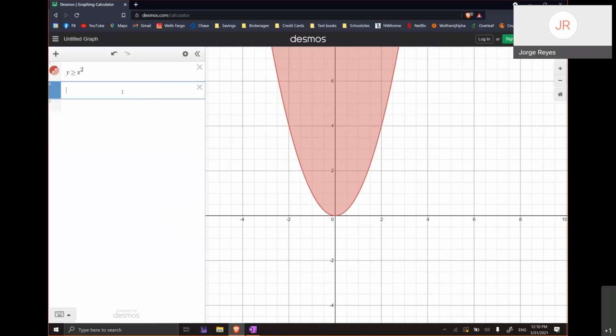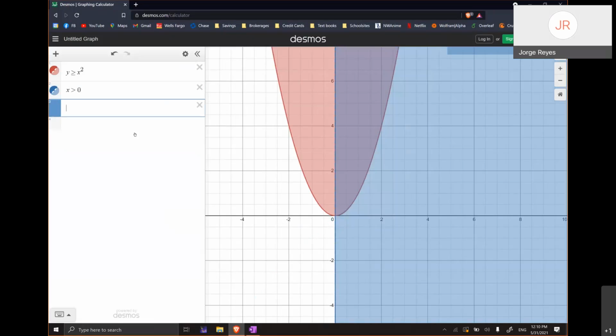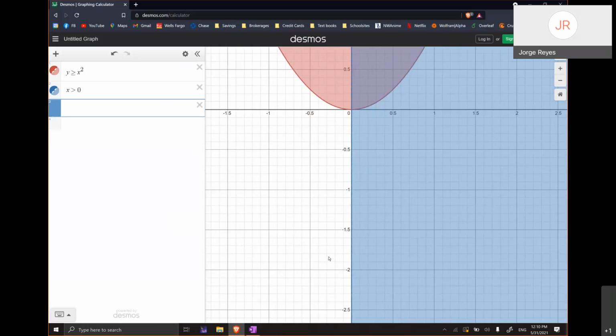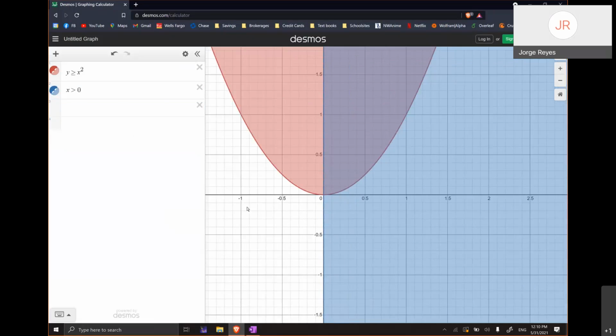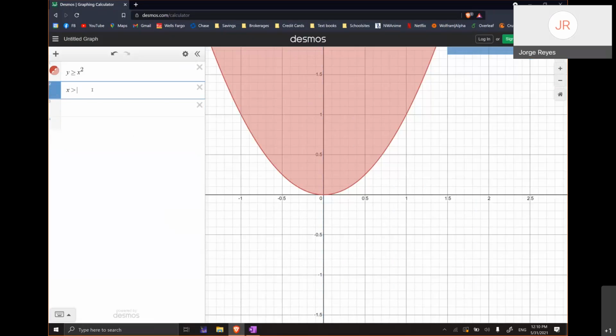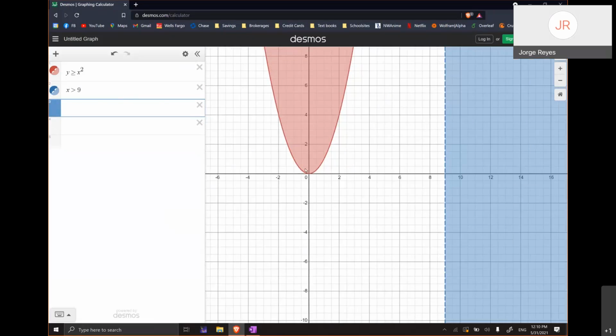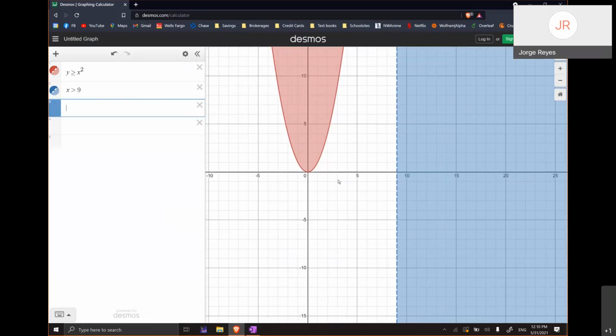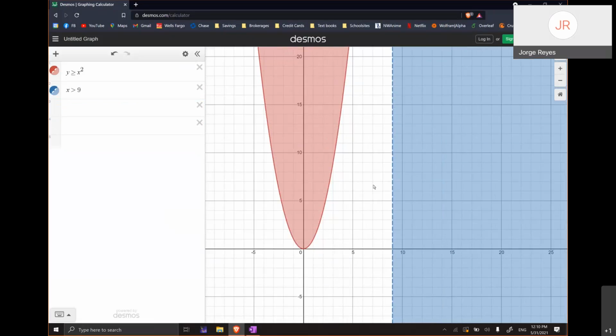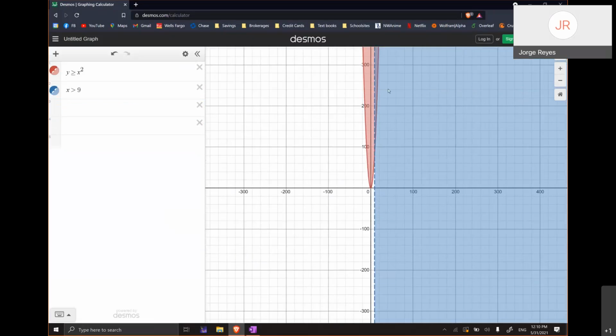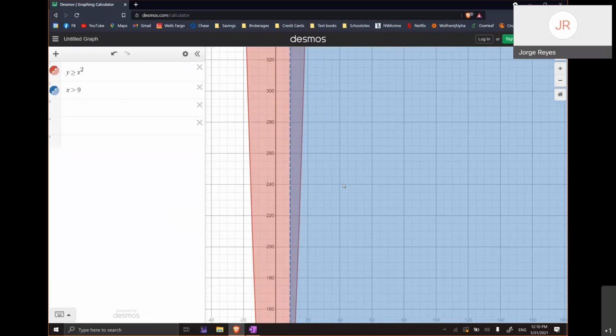And then x greater than 9, you see that they dotted it for me. It's dotted, it's not solid. This one is solid, this one is dotted. Oh, 9, excuse me. So here it is at 9. And if I scroll up, ta-da, we can see my answer.